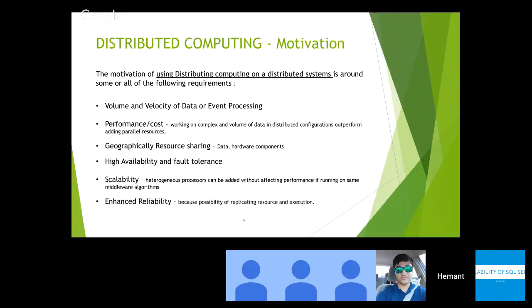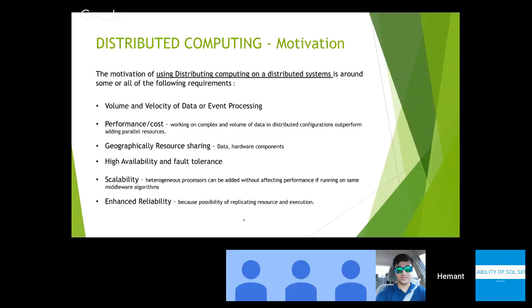And high availability and fault tolerance, like I described before, high availability has become the number one point for any distributed computing to behave on. Then scalability is a motivation. Heterogeneous processors can be added without affecting performance. It just comes with the condition that if heterogeneous processors are added, they need to be on the same middleware, basically the same communication language, and then they won't affect each other's performance.